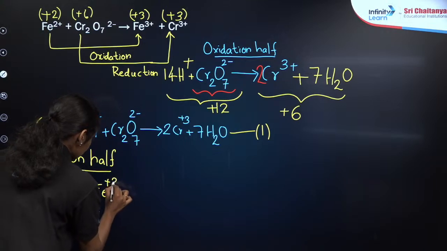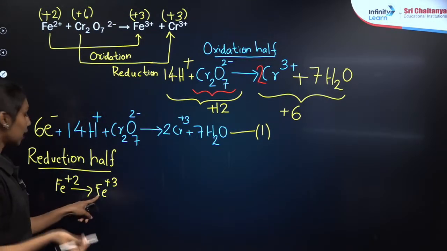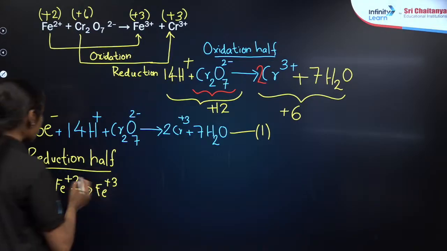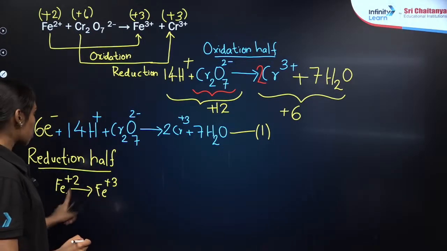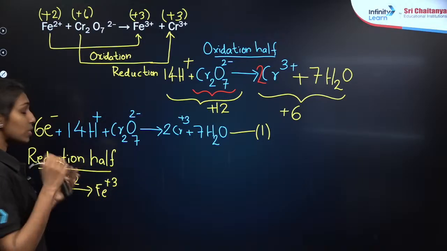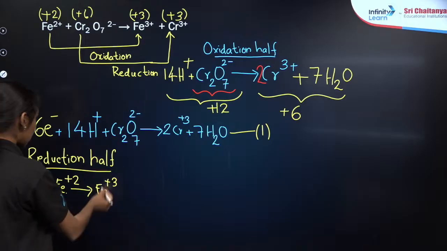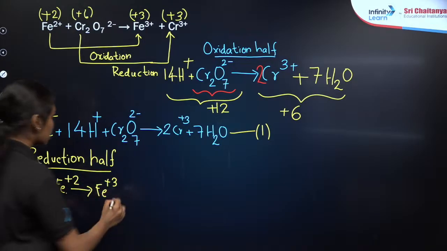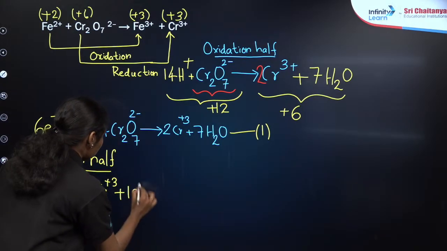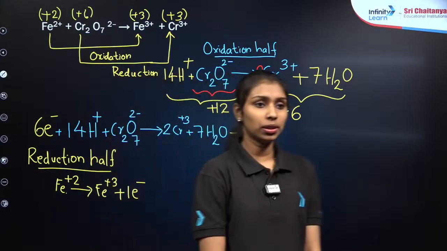There is no hydrogen atom or oxygen atom, so no need to balance hydrogen and oxygen. Iron is already balanced, right? So we just have to add the charge. Here it is plus 2, here it is plus 3. To balance the charge by adding electrons, first add the electrons to the side where the maximum positive charge is present. As you can see here, plus 3 is the maximum, so I am adding 1 electron here. Clear? Is the step clear?